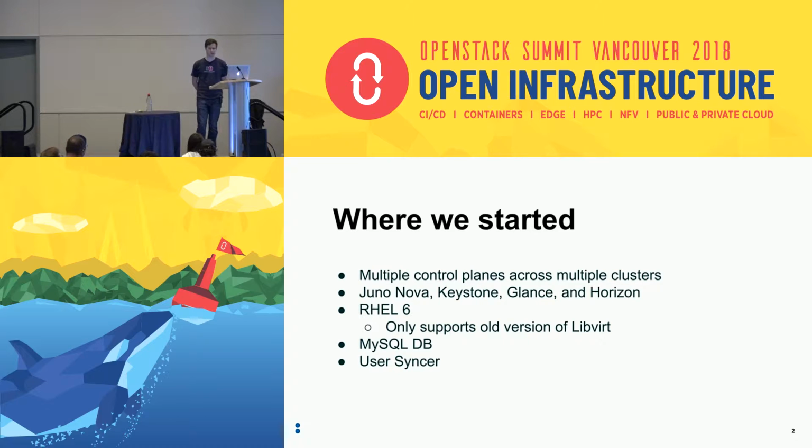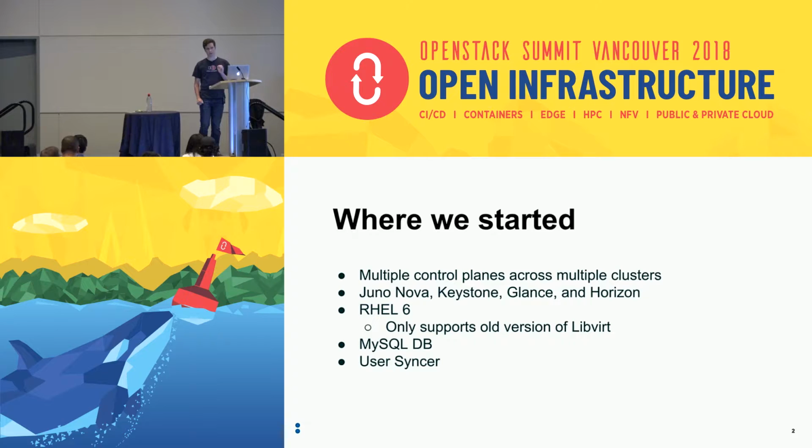So it was about 20K cores across 4 locations, all just very bare bones OpenStack. You just got your Nova, your Glance, your Keystone, and Horizon for convenience only. And it was all on Juno, on RHEL 6. And the MySQL DB was just vanilla.